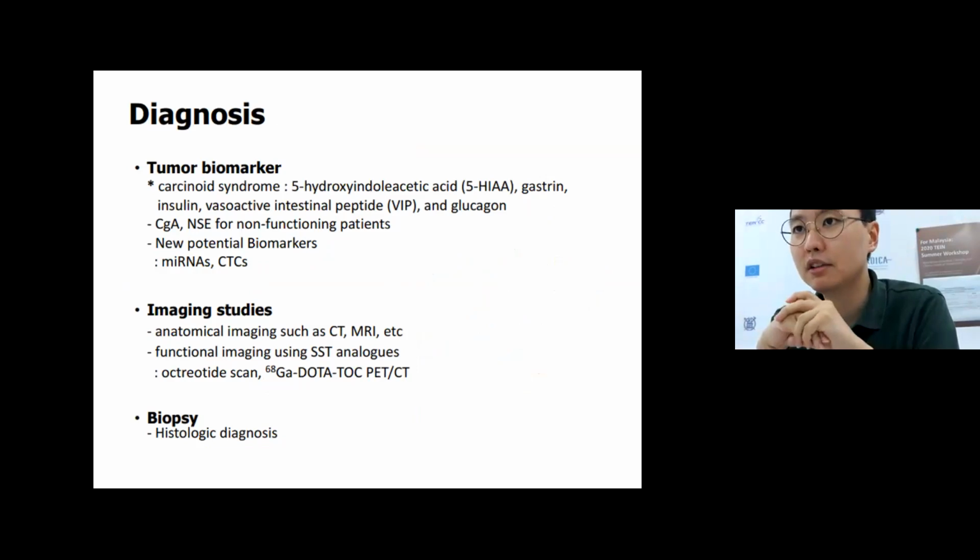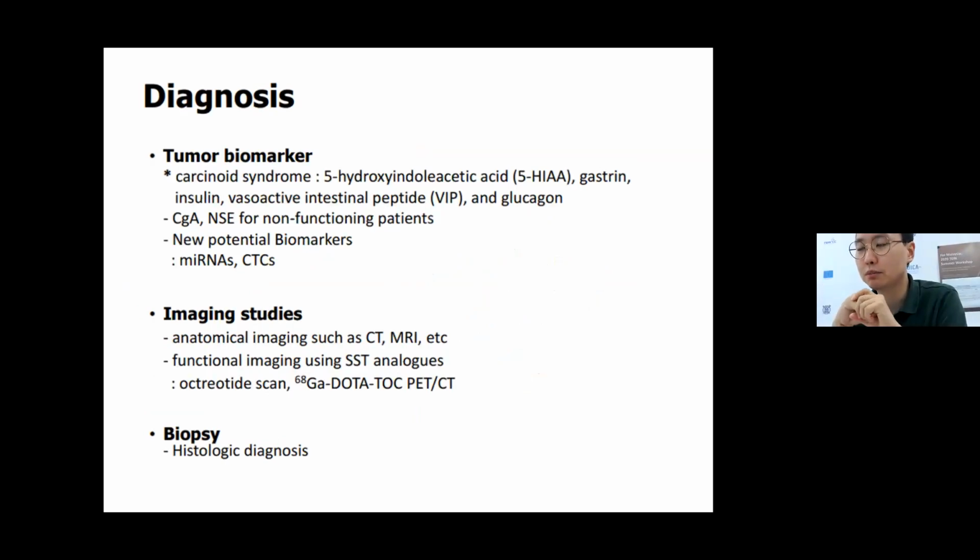For the diagnosis of these neuroendocrine tumors, many biomarkers are used. For evaluation of carcinoid syndrome, you can use blood markers such as gastrin, insulin, or glucagon, and chromogranin A and NSE can be used as tumor biomarkers. There are also attempts using new potential biomarkers such as microRNAs or circulating tumor cells.